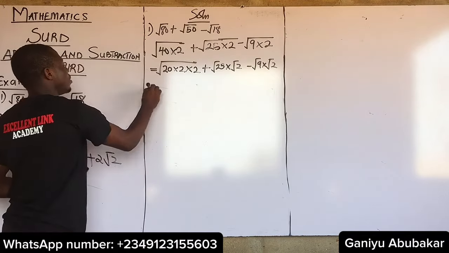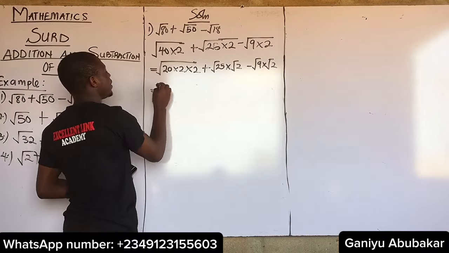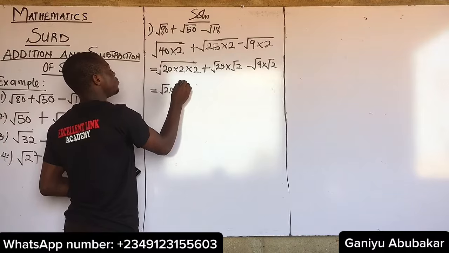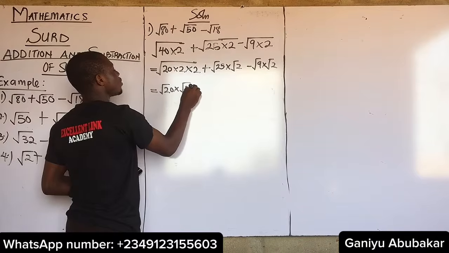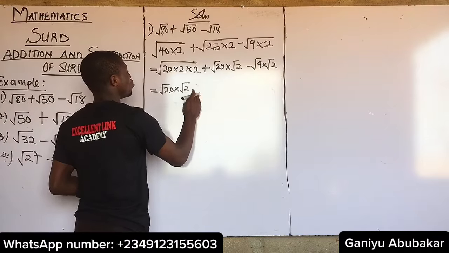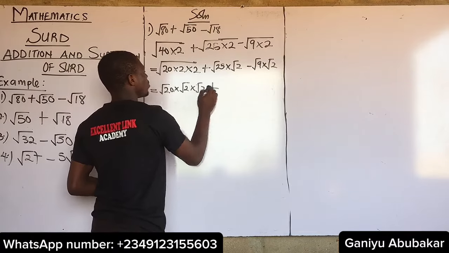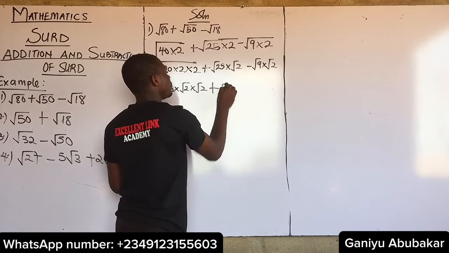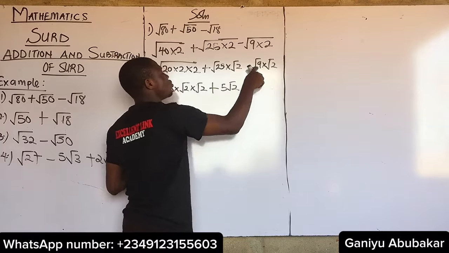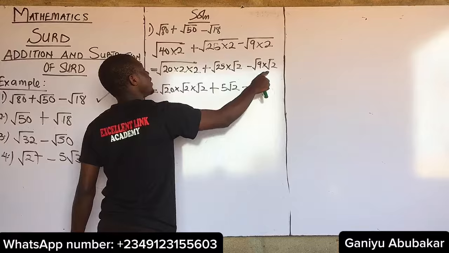From here, I can break this down as root 20 times root 2 times 2, or perhaps root 2 times root 2. So plus root 25 will give 5, root 2, minus root 9 will give 3, root 2.